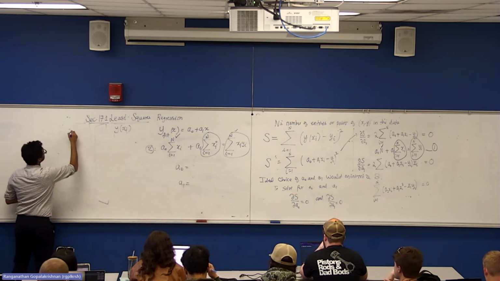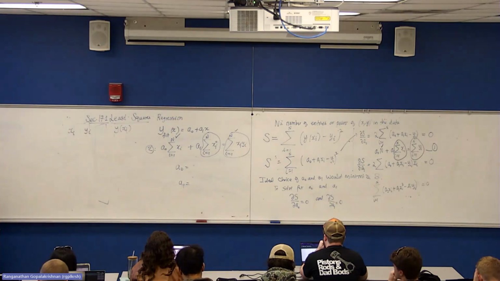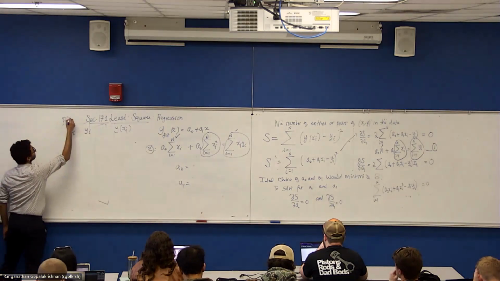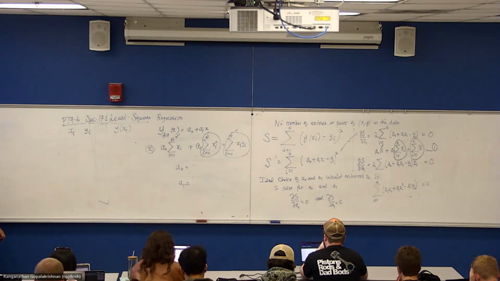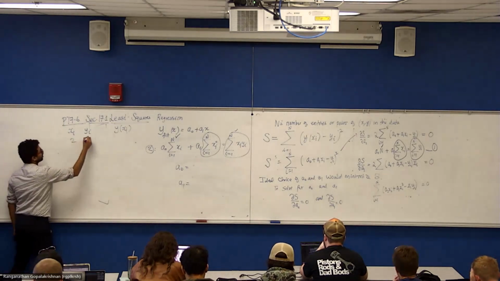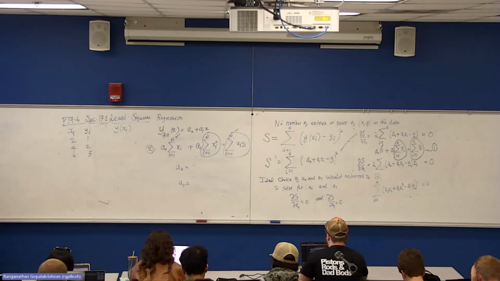So you have xi, yi. This is problem 17.6. This is the data: 7, 2, 10, 8, 11, 7.